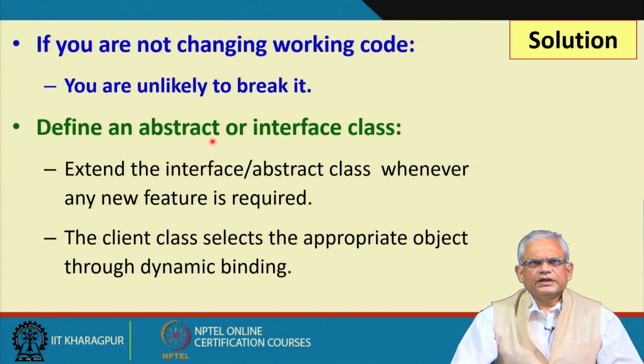As you know, an abstract class has some of the methods as abstract. An abstract class can have some data members, but some of the methods are abstract. Whereas, in an interface class we do not have any data members, we only have the method prototypes.